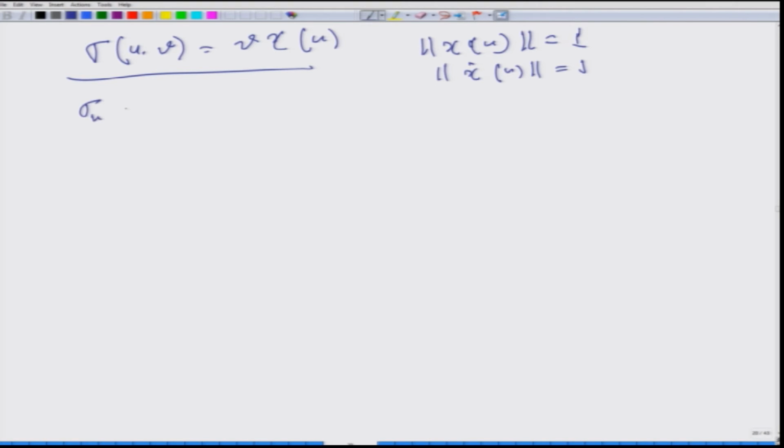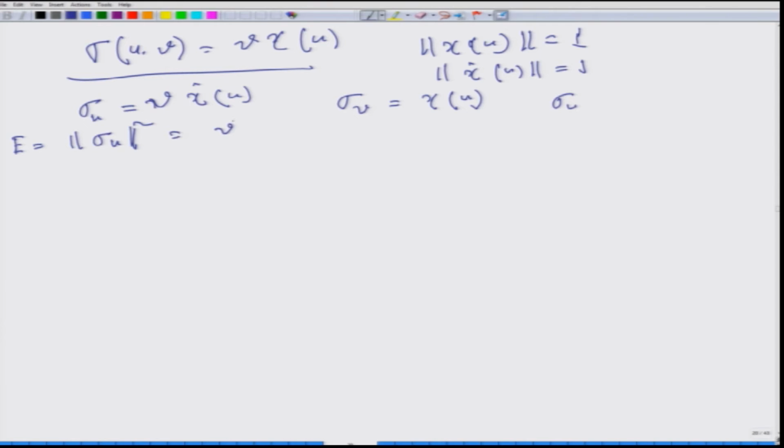What is sigma u? Sigma u is just v gamma dot u, and sigma v is gamma u. So, let us calculate E, sigma u squared.